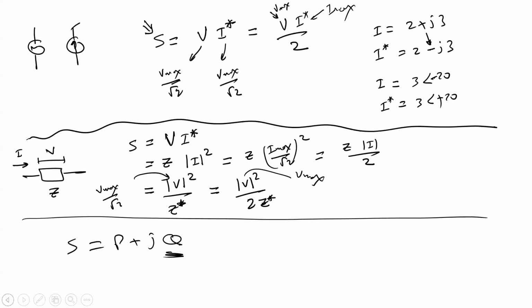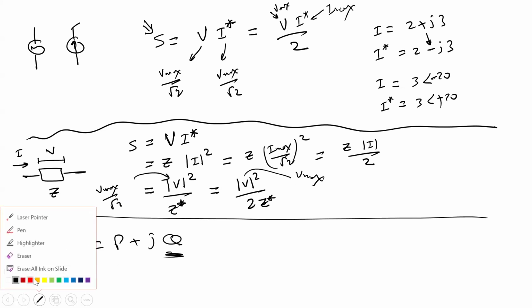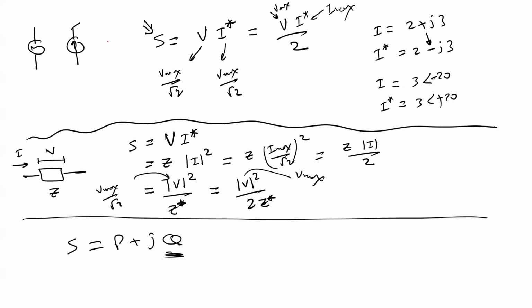Maybe here I can tell you: if Z equals R plus jX, and I apply this formula, the power should equal R times I squared plus jX times I squared.